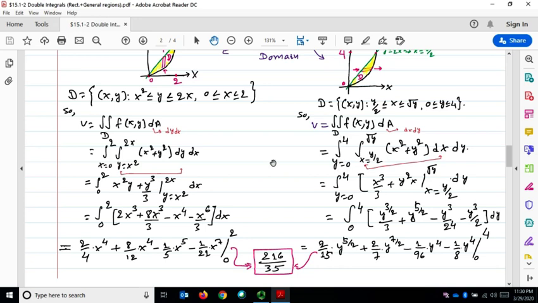Let me take one moment to talk about this. When you change the order of integration, your corresponding limits also change, but the integrand function does not change. Let me draw this line here. Please pay attention here. Your integrand function is the same, x squared plus y squared.